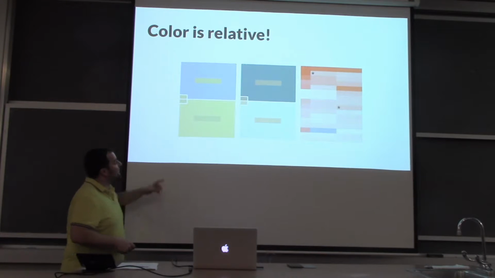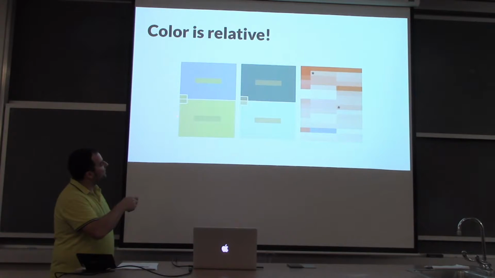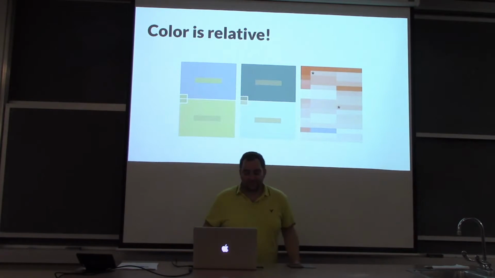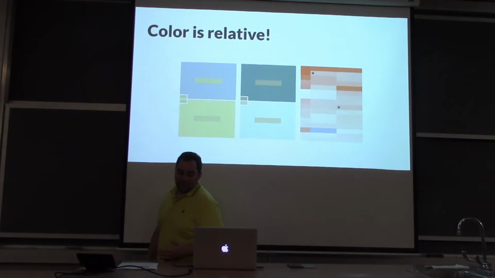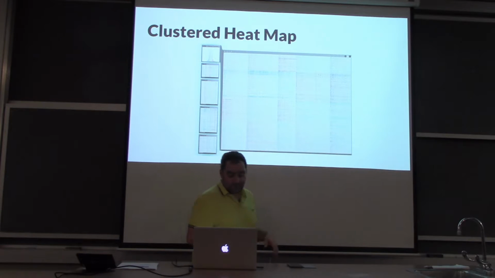And just to give you another textbook example, here we have the same color and it looks different, here we have different colors and they look the same. So if you use heat maps to visualize data, always be wary of these effects.